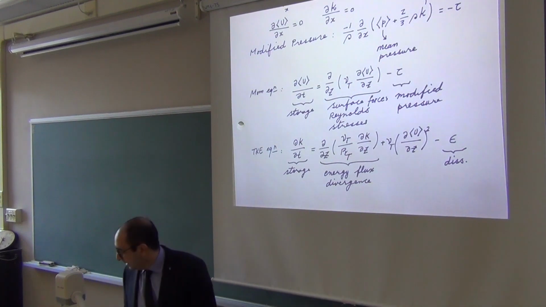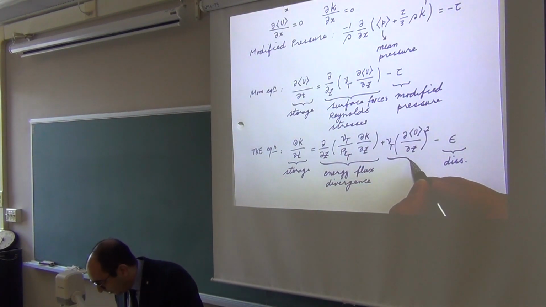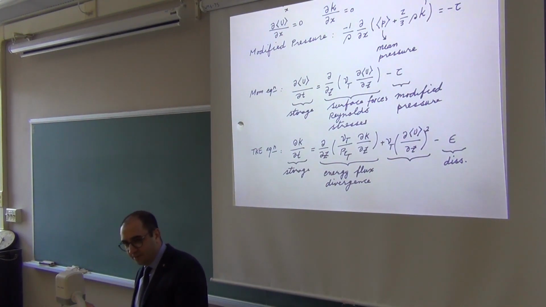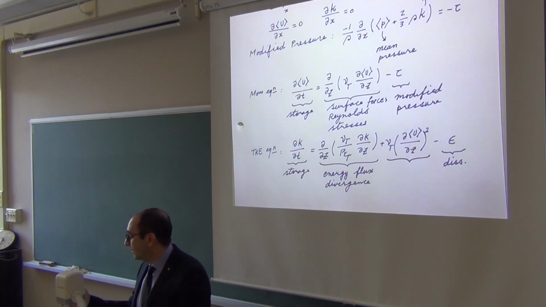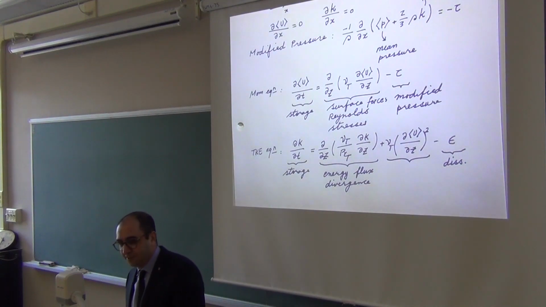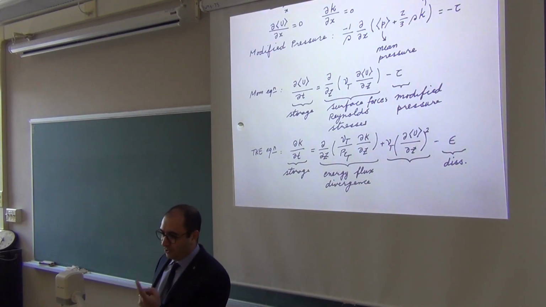Okay? And the last term is, anybody want to guess what this term may be called? You had dissipation, you must have production. Or you had a sink, you must have a source. So this is a production term. Which type of production? I give you two options: shear production, buoyant production.